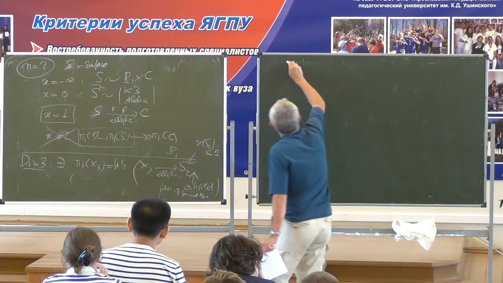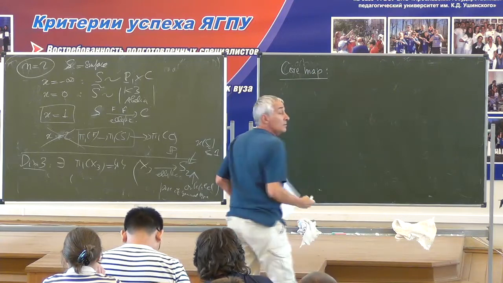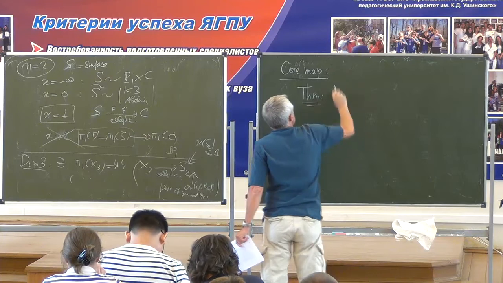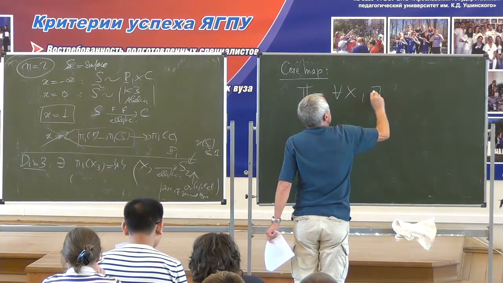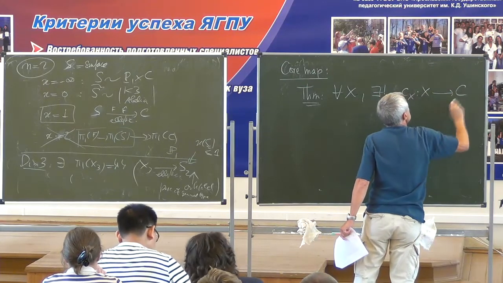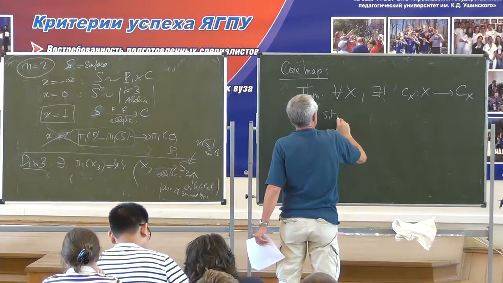Now the core map. And now maybe the main result is this. For any X, there exists a unique map, which I call the core of X, Cx for example, which has the following properties.